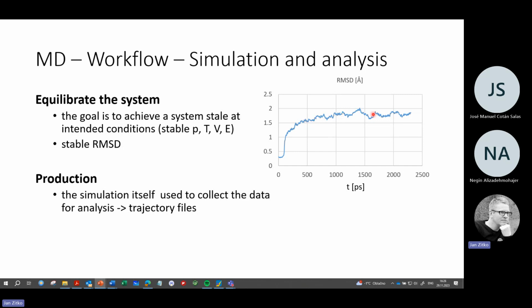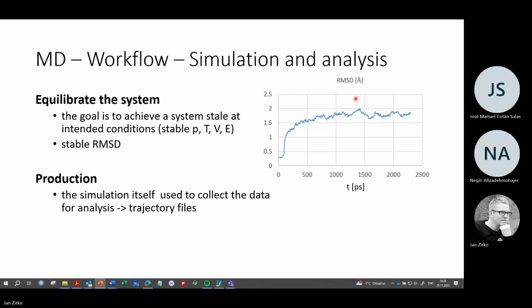Here, if it's oscillating around this value, let's say 1.75 angstroms, it means that we are 1.75 plus or minus something from the original position. So from here to here, the system is not changing much. In this area there is a huge change, the jump means a change, and here we have some kind of equilibrium state.